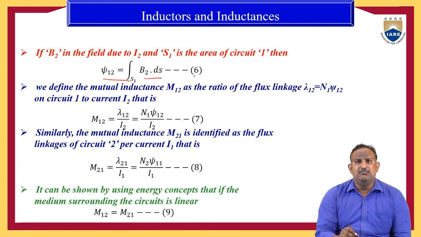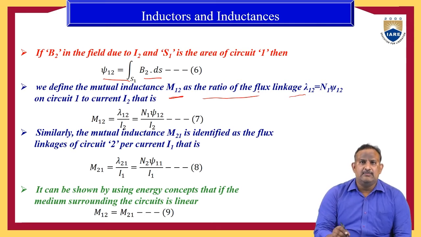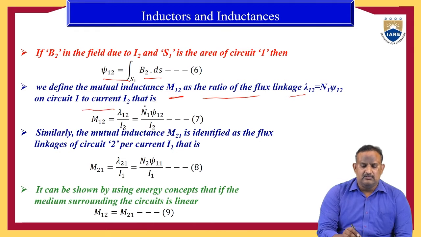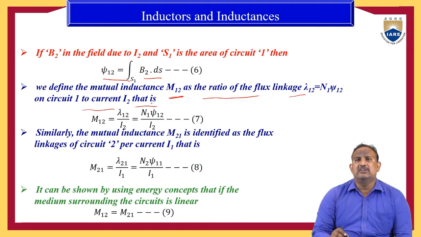Similarly, we can define the mutual inductance M12 as the ratio of flux linkage lambda12, equal to N1 psi12 on circuit 1, to the current I2. So we define the mutual inductance as the flux linkage divided by the current.